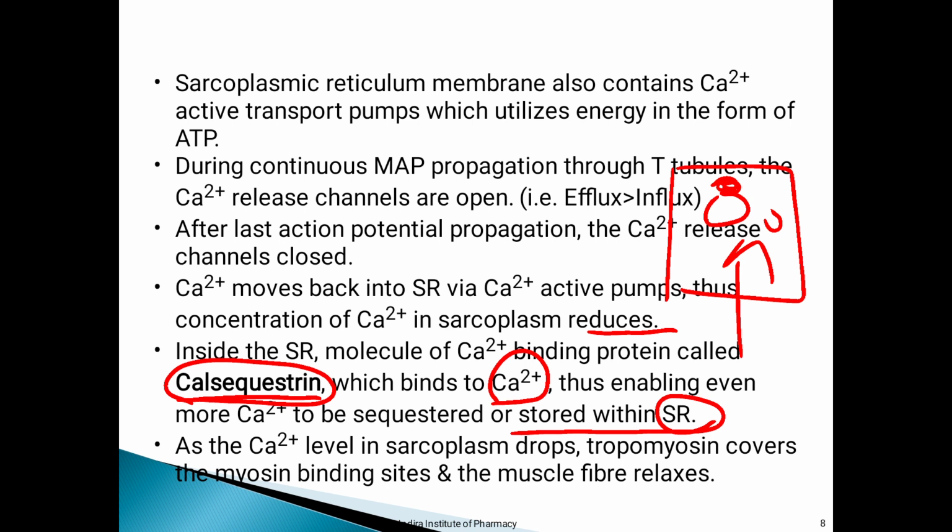That's how the myosin head can bind, and that's how the contraction cycle begins. But now the calcium level is low, so tropomyosin will again cover the myosin binding site and now the muscle fibers are relaxed.